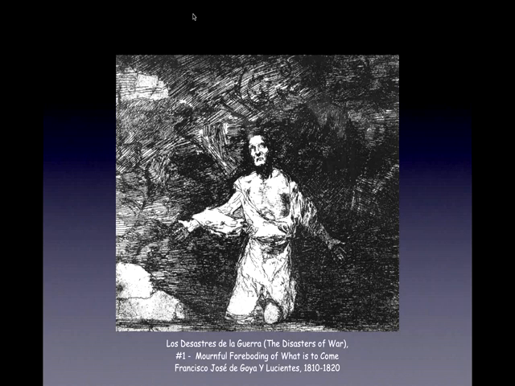He eventually gave the series the title, "The Fatal Consequences of Spain's Bloody War with Bonaparte." But the works are more commonly known as the Disasters of War. They were not actually fully published together until 1863.